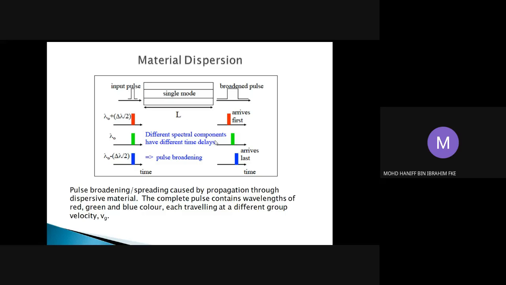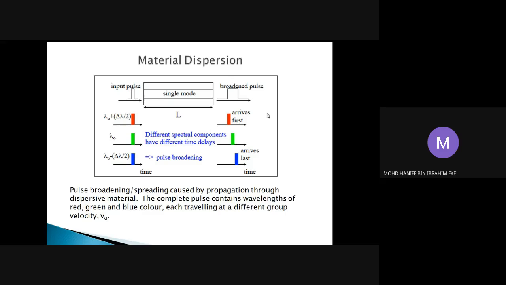Yeah. So as a result, we're going to have time delays due to these different wavelengths transmitted, and we can notice that the red light will arrive first, followed by the green light, and then followed by the blue light. So as a result, we're going to have a broadened pulse, or dispersion effect, that will take place in this particular case.